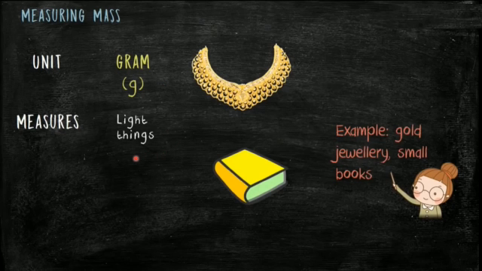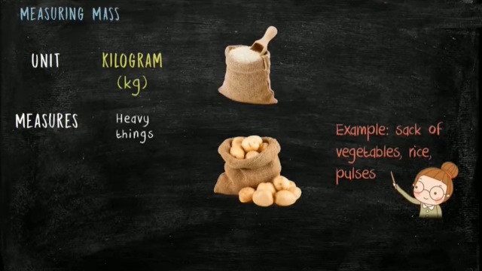We use gram to measure light things like gold jewelry or small books. Another unit to measure mass is kilogram, which is denoted as kg, which we use for heavy things like a sack of vegetables, rice, pulses, etc.